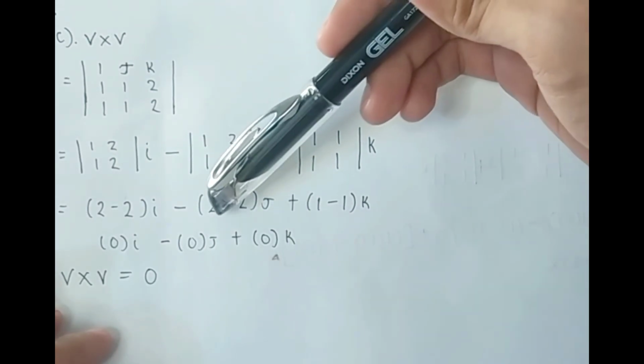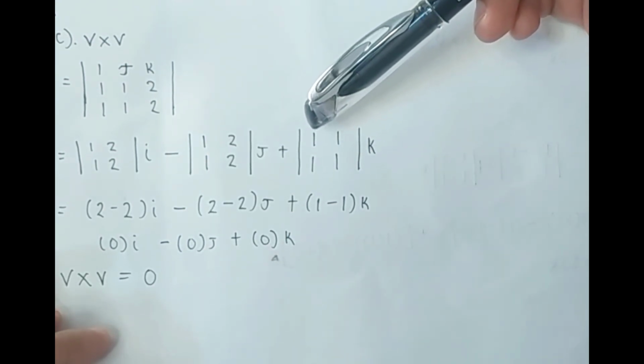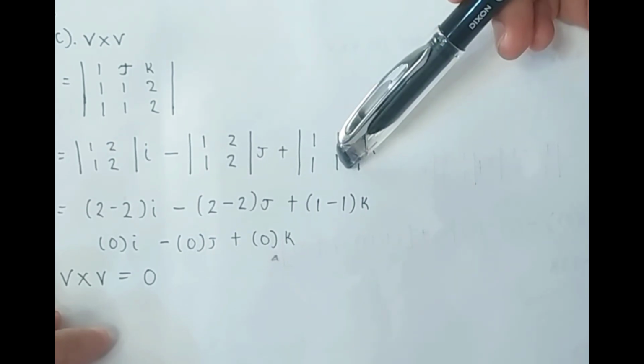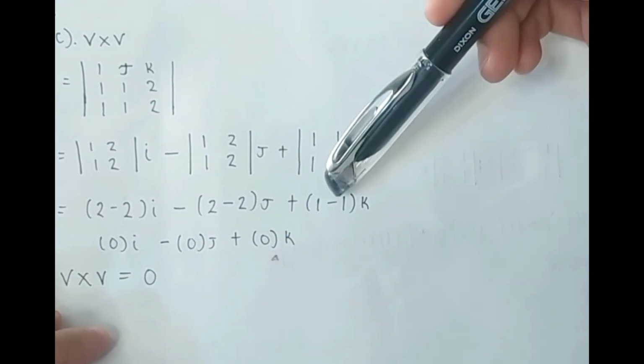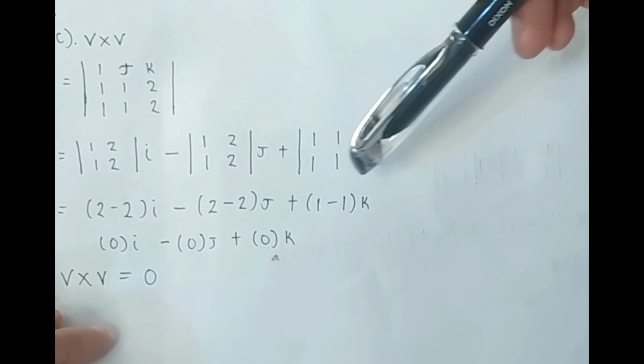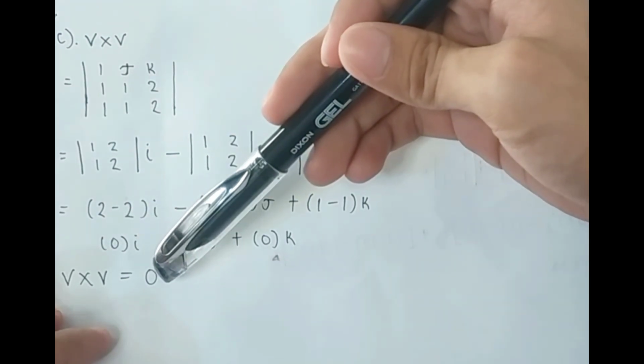So 2 minus 2 is 0 also. So 0j plus, to get the k, 1 times 1 is 1. Then minus 1 times 1 is 1. So 1 minus 1 is 0k. So our v cross v is equal to 0.